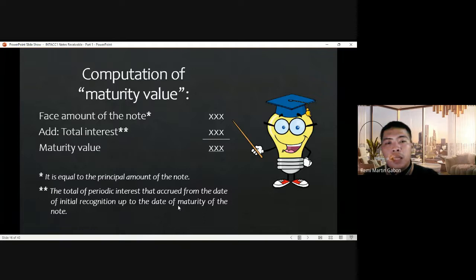The total interest here that I'm referring to is the total interest that had been accrued from the date of the raising of the notes receivable until the maturity date of that notes receivable. Meaning lahat ng interest hanggang bayaran mo ang value ng promissory note. Literally, lahat ng interest.